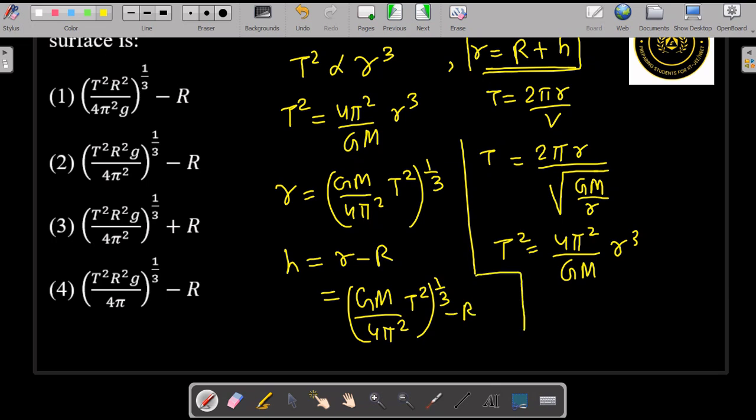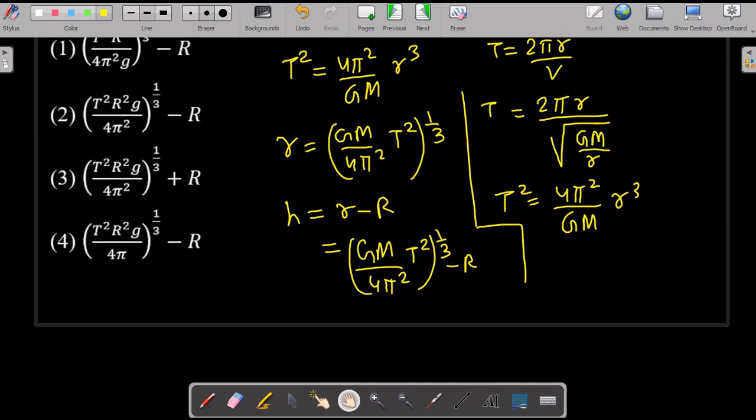Okay. Now we know that acceleration due to gravity at the Earth is GM by R square. So GM we can substitute here. GM becomes small g into R square. Right?